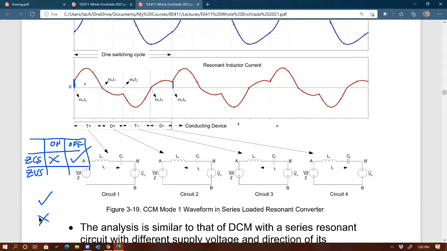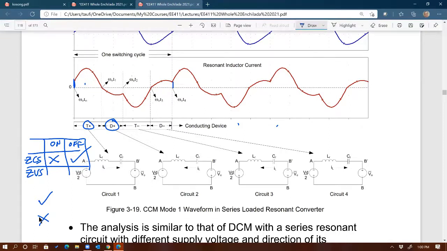See T plus and D plus. Right after T plus turns off, D plus takes over the current. And as we already learned from the previous mode, anytime D plus is conducting, its voltage is zero. So the voltage across T plus, which is across it, is also zero. It's 0 volts before because it's conducting, and 0 volts after. So at turn off, it's a yes as well.